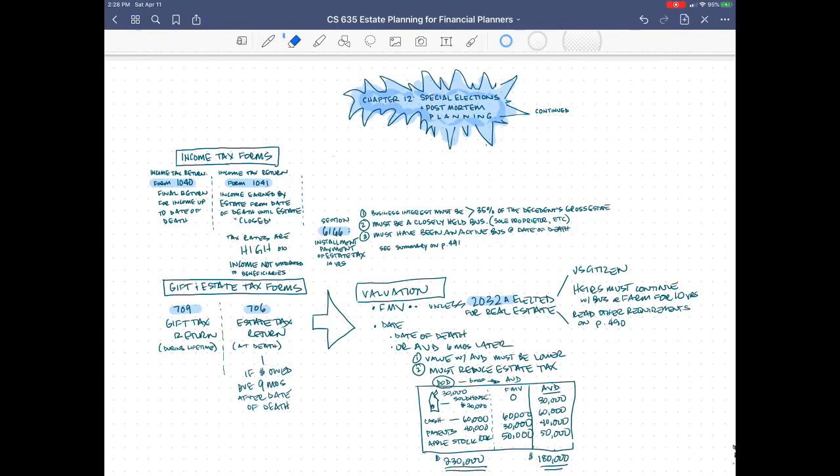Now, another maneuver that can be done as part of the postmortem planning is to have a beneficiary disclaim a gift or a bequest.